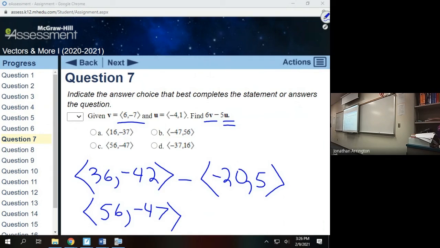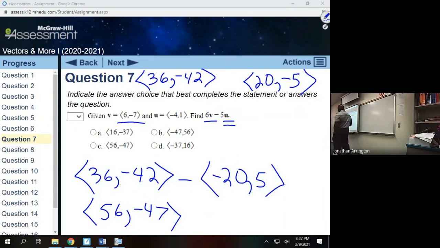But some of you are going to do it differently, and you have a right to do so. If you notice on this problem, I multiply by positive 5, and I'm okay with that. Some of you are going to multiply by negative 5. Okay, that's cool. I don't have a problem with it. So let me look at that aspect. But let me show you where you make your mistake when you do this. So you're going to multiply by negative 5, and you're going to get positive 20 and negative 5. I don't have a problem with that.